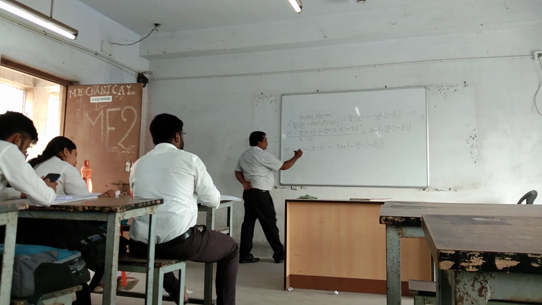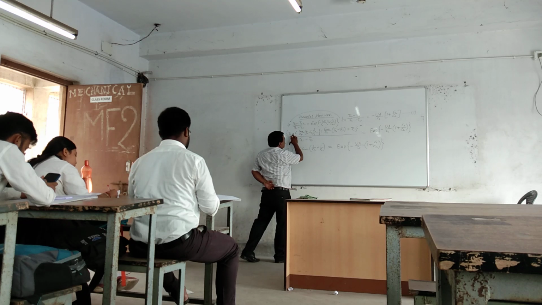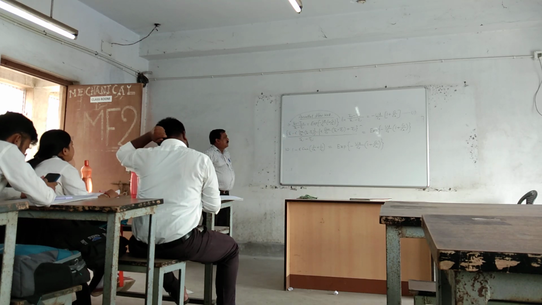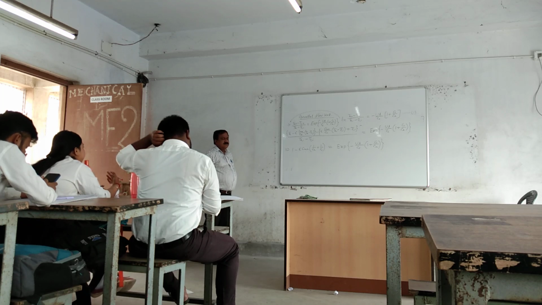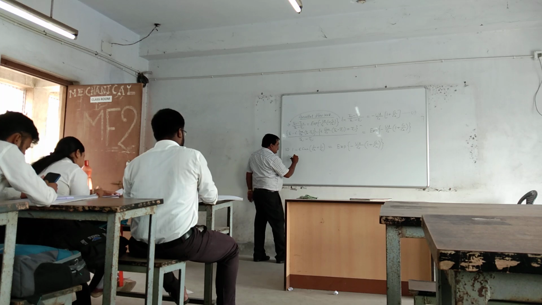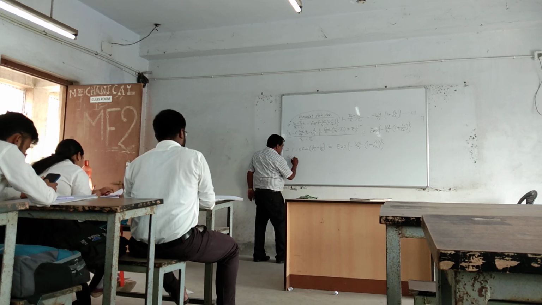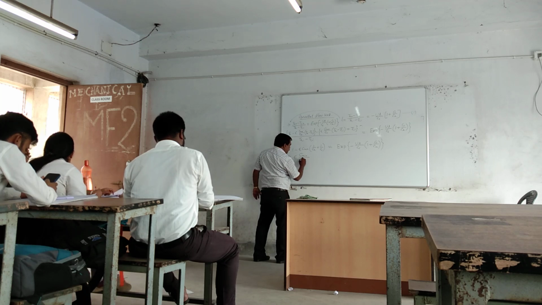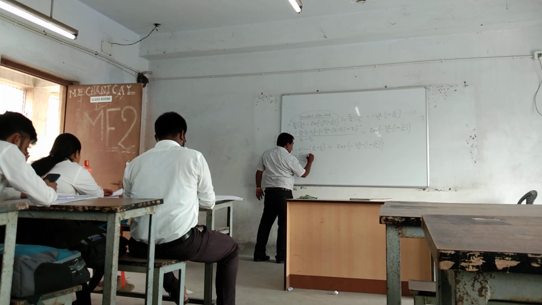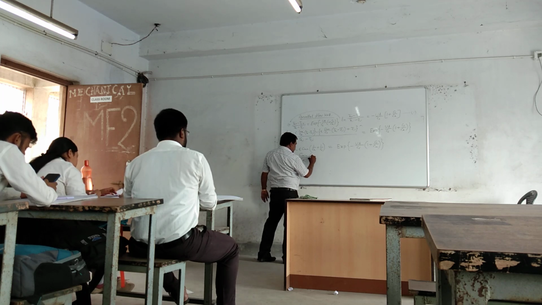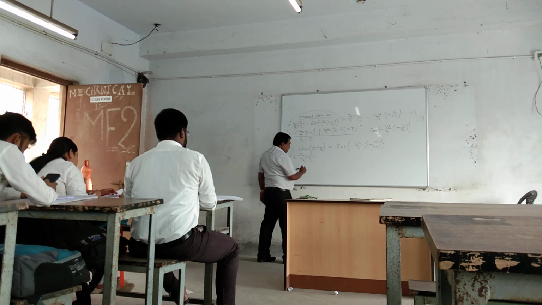The minus will pass over, so this is minus, this is minus. So what we can write? Minimum by CH, that is 1 plus C minimum by CC.